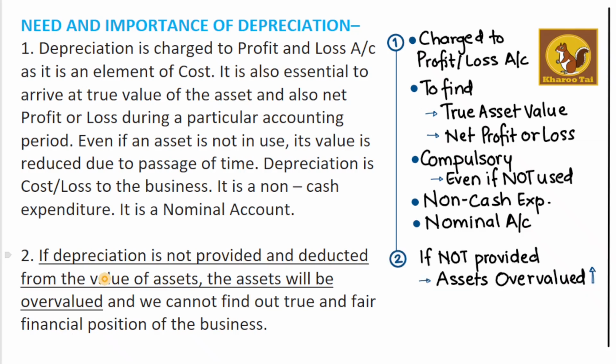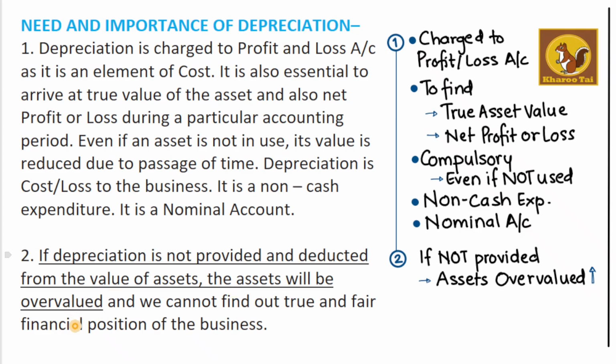Second point, if depreciation is not provided and deducted from the value of assets, the assets will be overvalued. What happens when we provide for depreciation? The value of the asset gets reduced, and if we are not charging it, then what is happening? We are showing the asset at the same value. It should have been reduced. Now we are overvaluing the asset.